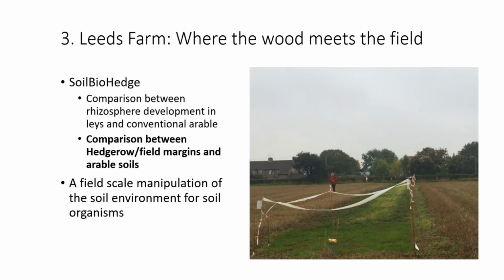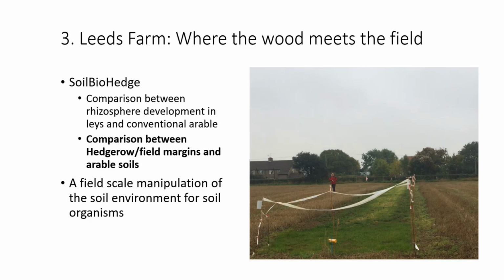The final case study then is where the wood meets the field. So we're increasingly thinking about regenerative agriculture and about how we use soil ecology and soil biodiversity to maximize and improve food security.